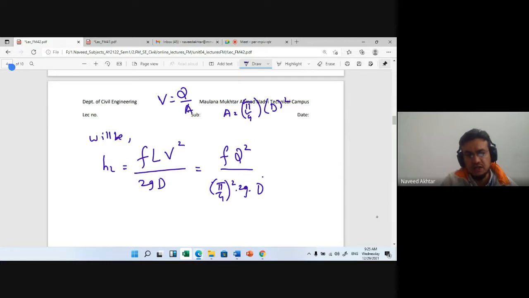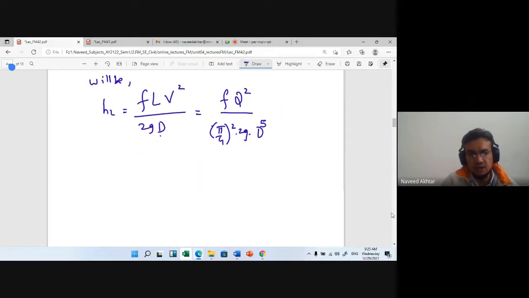Squaring the area, D raised to power 4 comes, and with the other D it will be D raised to 5, because exponents are added: D raised to 4 into D raised to 1 is D raised to 4 plus 1, which is D raised to 5.